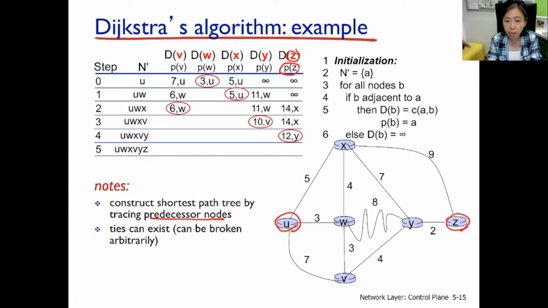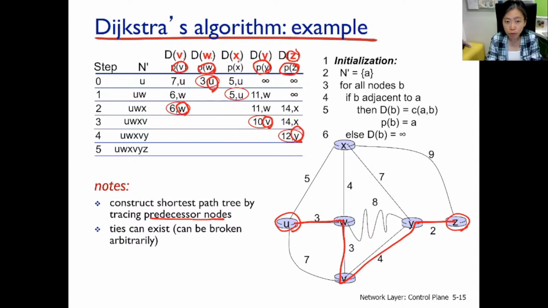We trace back from the predecessor of Z, which is indicated here as Y. And who's the predecessor of Y? It's stated here, which is V. Who's the predecessor of V? Stated here, W. Who's the predecessor of W? U. That is the source. Therefore, you see, this is the shortest path from U to Z.